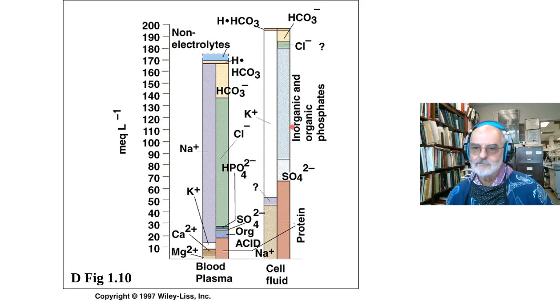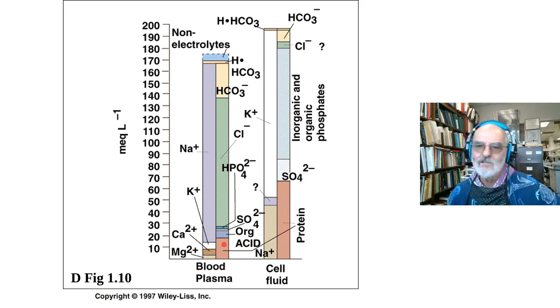All right. Now, in your cells, you predominantly have potassium, not sodium. And then a bunch of other stuff like sulfates. And then you mostly have some bicarb, some chloride, a lot of inorganic phosphates, okay? And then a lot of protein. You'll notice the protein level in your cells is about 3.5 times higher than it is in your serum.